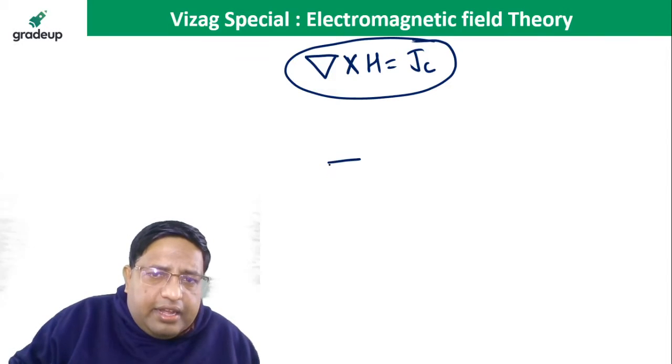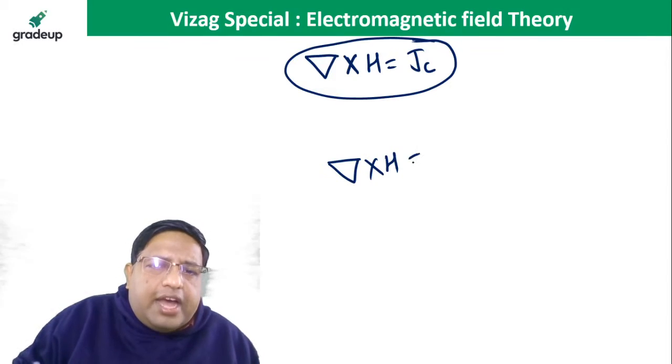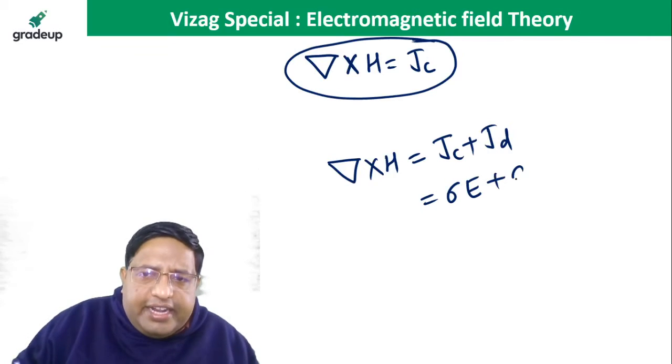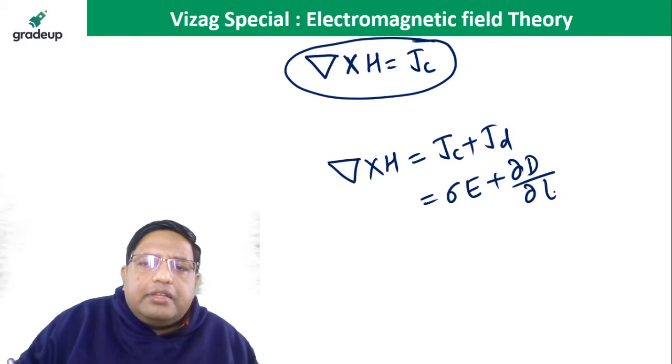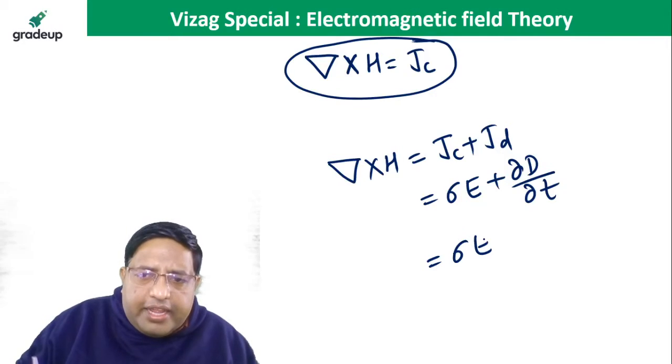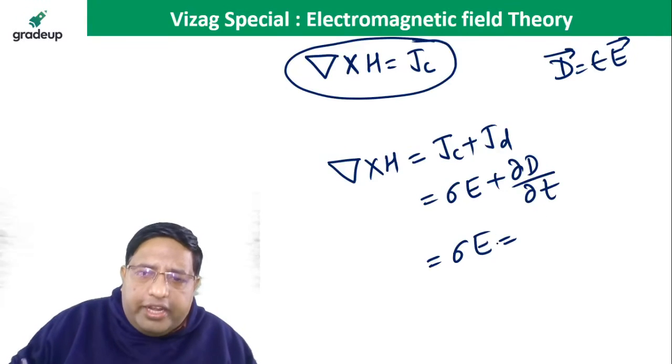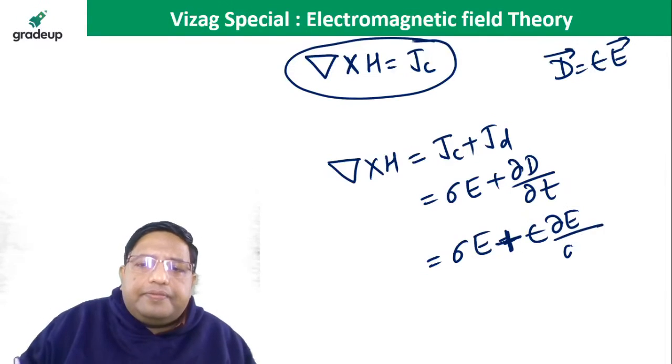The correct form of the Ampere circuital law is JC plus JD. And what is the JC? JC is sigma E and JD is del D by del T. Or it is sigma E, and D vector is equal to epsilon E vector. You already know. So it can be written as sigma E plus epsilon del E by del T.